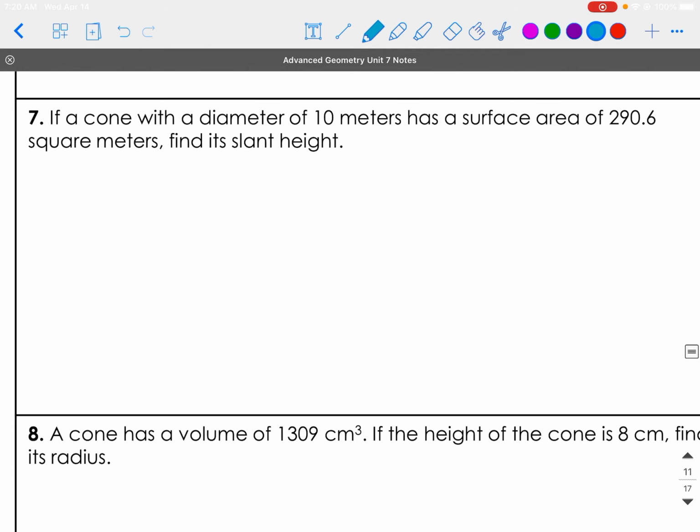Next one. This one is almost identical. Same steps, so I want you to pause the video and try this one. All right, on this one, it should look like this. 290.6 equals pi times 5L plus pi times 5 squared.